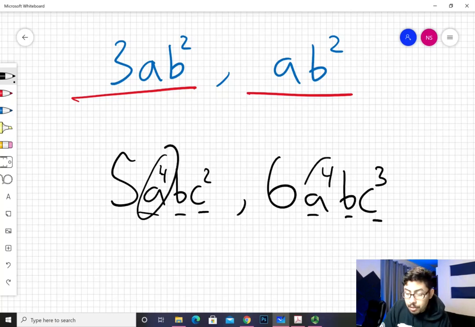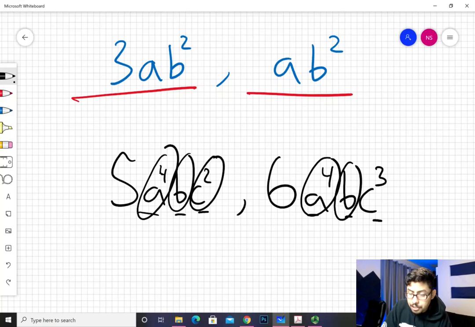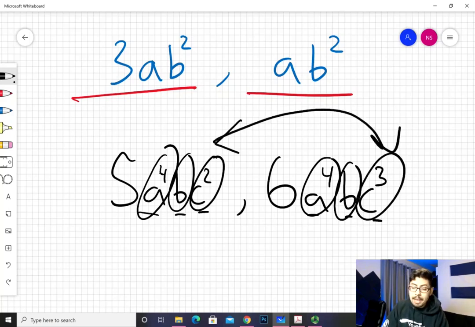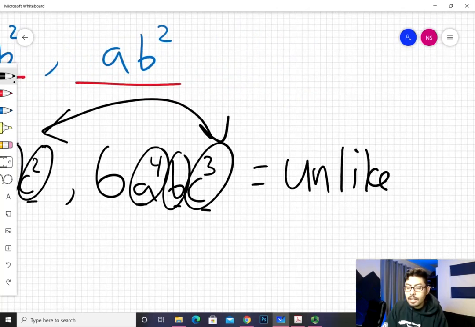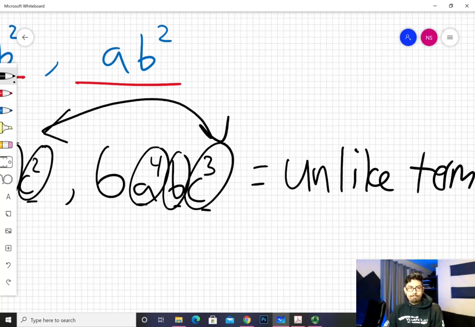This A is to the power of 4, this A is to the power of 4. This B is to the power of 1, this B is to the power of 1. This C is to the power of 2, this C is to the power of 3. Those C's do not match. This, my friends, is the first example of an unlike term. Does that make sense, my friends?